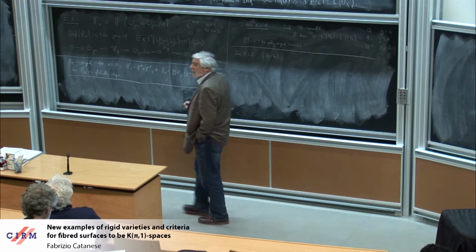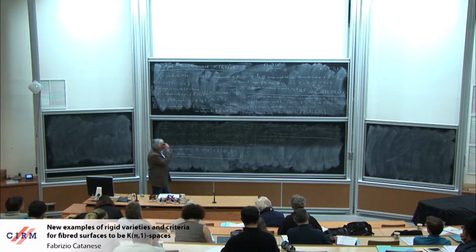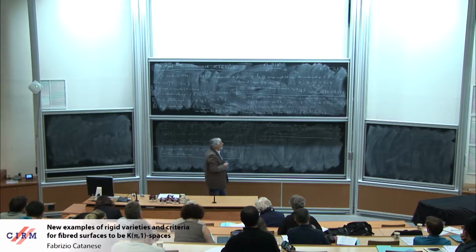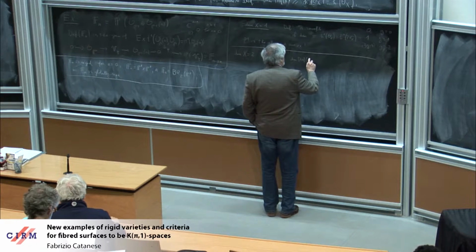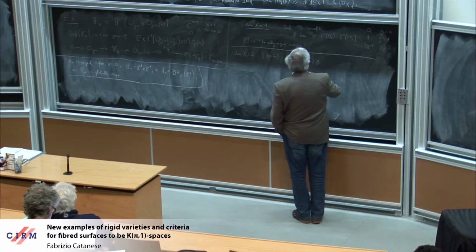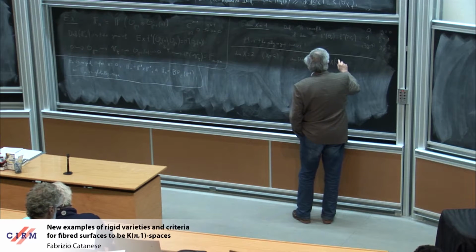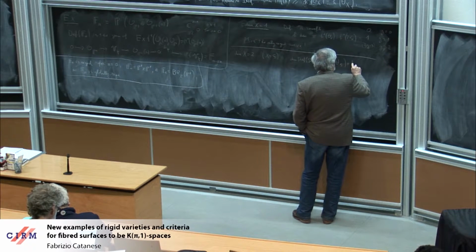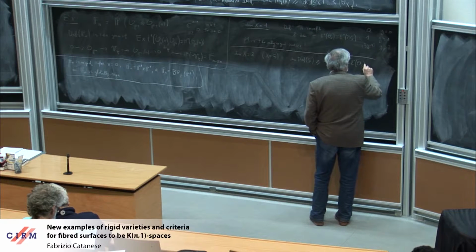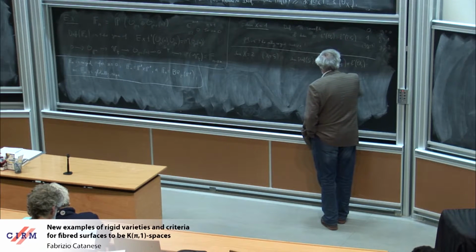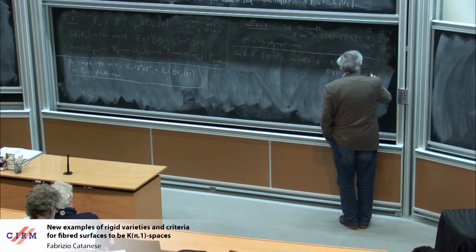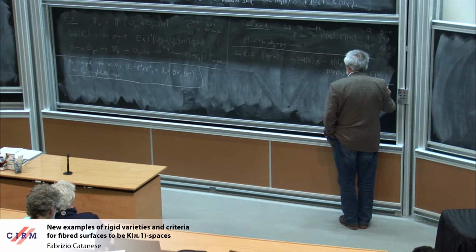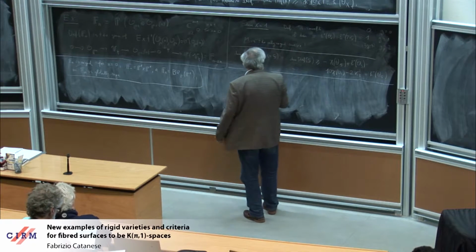Now, in this case, the Enriquez-Kuranishi inequality becomes very important, because the dimension of the deformation space of S is at least minus chi of theta S plus h0 of theta S, and this is just 10 chi of O_S minus 2K squared of S plus h0 of theta S. And this is called the Enriquez inequality.